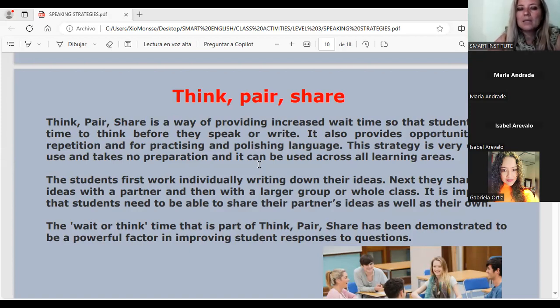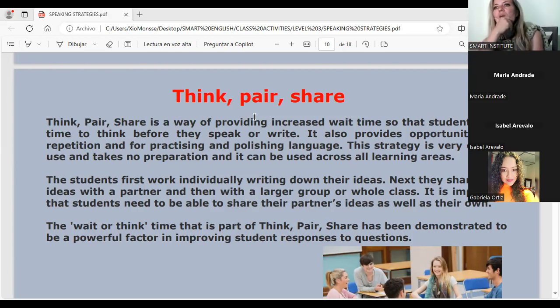I give you time to prepare the things that they are going to say, right? So that is something that you have to do with your students. Give them time to prepare what they are going to say. Think, pair, share is a way to provide increased wait time so that the students have time to think before they speak or write.